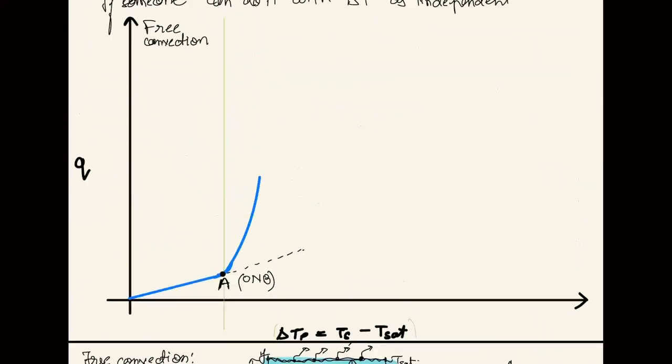So from this particular point B, okay, to a point C somewhere here, I'm just writing C over here. You are seeing a rise in Q.